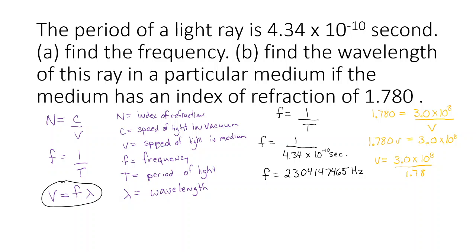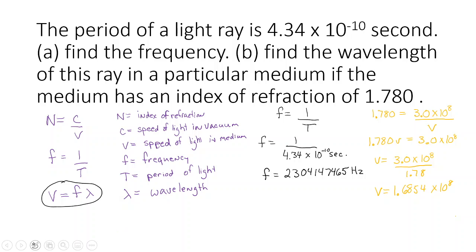So 3 times 10 to the 8th divided by 1.78 gives me a speed of 1.6854 times 10 to the 8th meters per second.